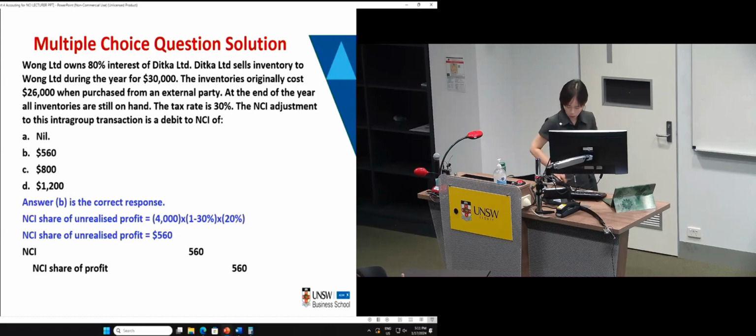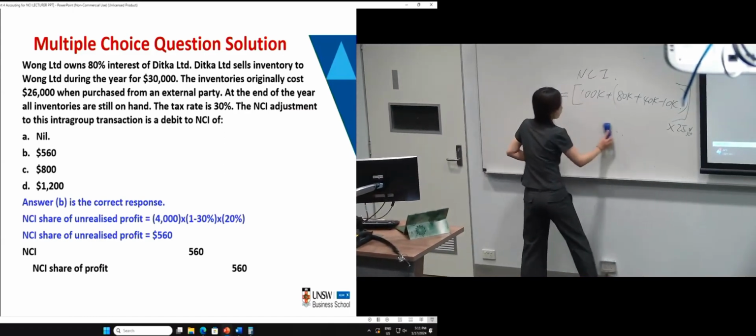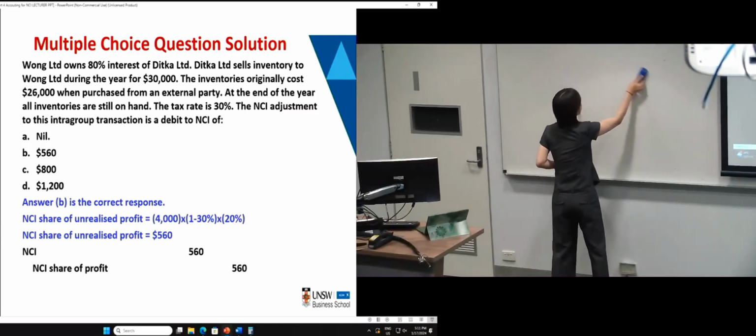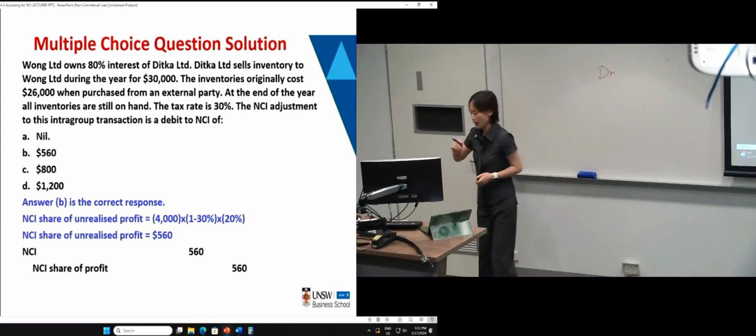First of all, you need to make sure you can prepare the elimination entry to remove the effect of the intragroup transaction. So how do we prepare the elimination entry for this one? What is the appropriate elimination entry here? Debit? Oh, hang on. This happened in the current year.